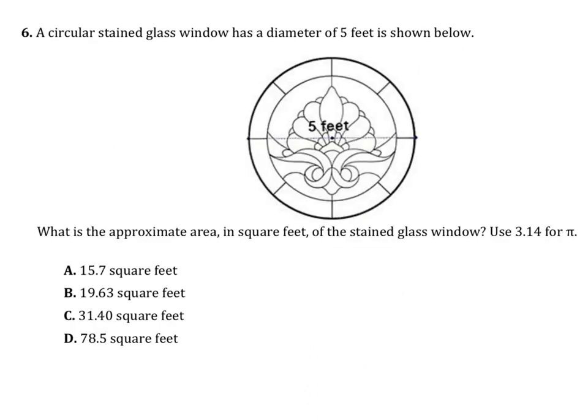Number 6 says a circular stained glass window has a diameter of 5 feet that is shown below. What is the approximate area in square feet of the stained glass window? And we need to use 3.14 for pi. So we know we're looking for area, so we can put area equals pi r squared, or radius times radius.